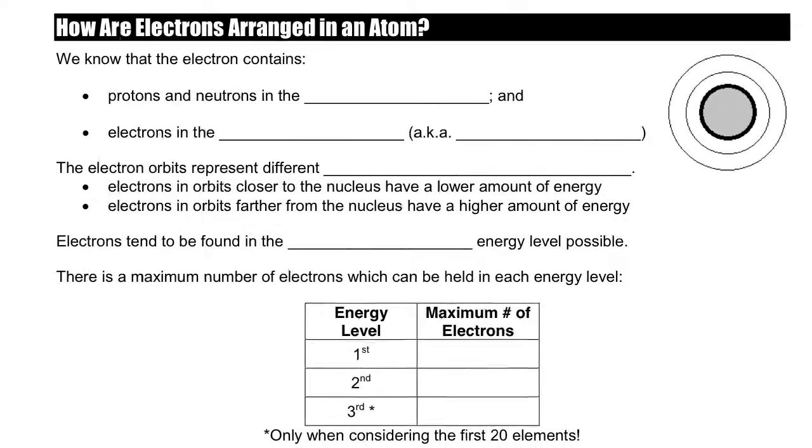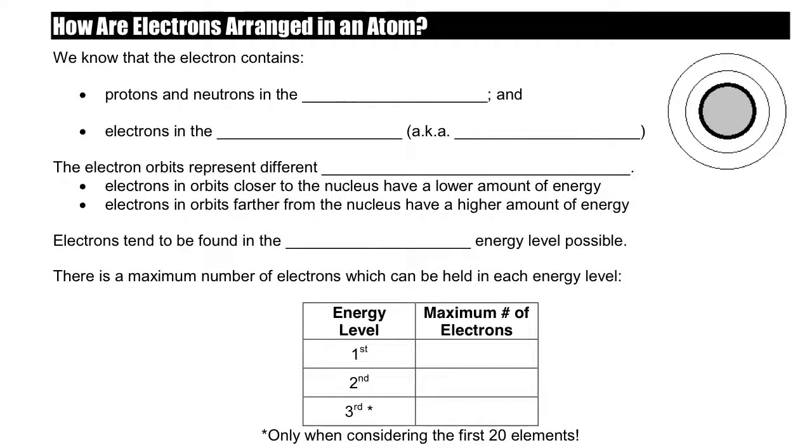So how are electrons arranged in an atom? We know that protons and neutrons are in the nucleus, and electrons are in the orbits. Remember, the nucleus is the central part of the atom where the protons and neutrons exist, and then there are these distinct orbits around the nucleus, and that's where the electrons exist.